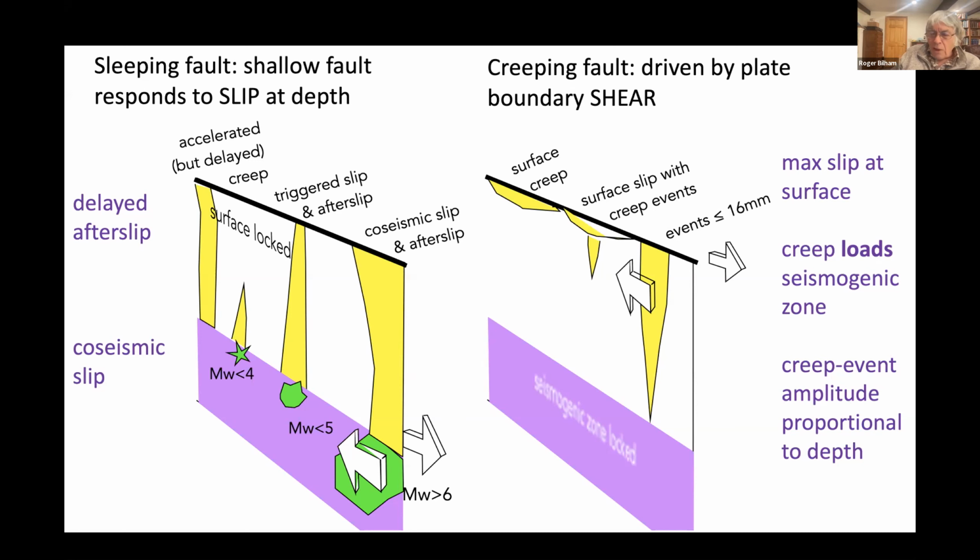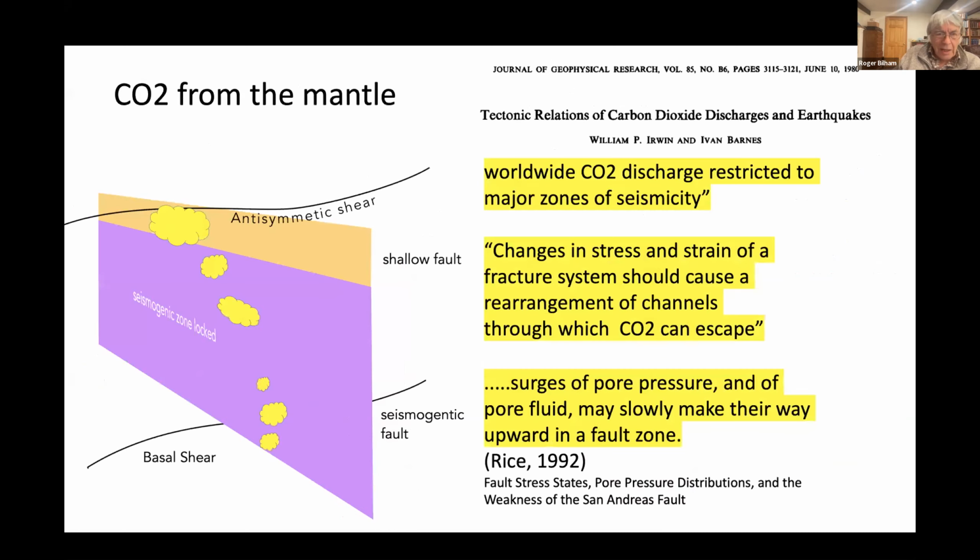So we're really looking at faults on the left that are really doing nothing. And so the question is, what can we measure on a fault that's doing essentially nothing? Well, the answer is quite a bit. First of all, fault zones tend to focus stuff coming up from the mantle. There are many articles in the 1980s that people don't look at very much now, from Irwin and Barnes and other geochemists.